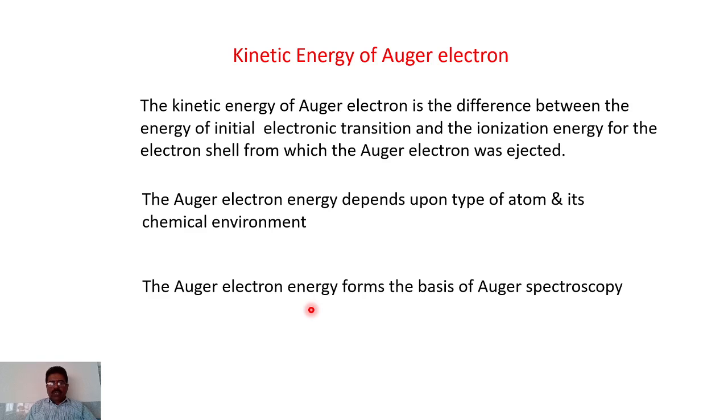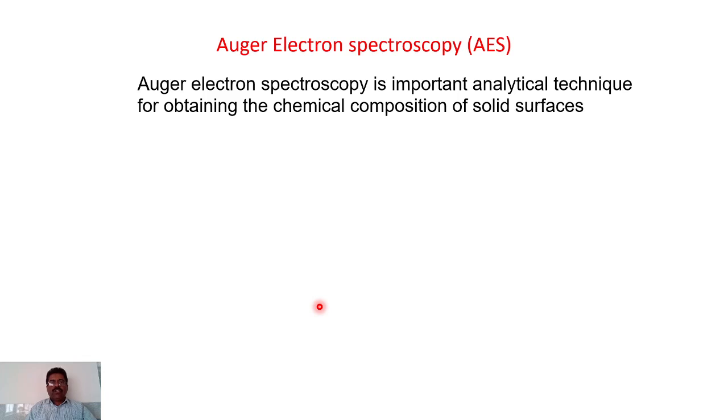That identification of a particular atom is possible by studying the energy of this Auger electron, and this is called Auger spectroscopy. So let us now see Auger electron spectroscopy, AES. Auger electron spectroscopy is an important analytical technique for obtaining the chemical composition of solid surfaces.